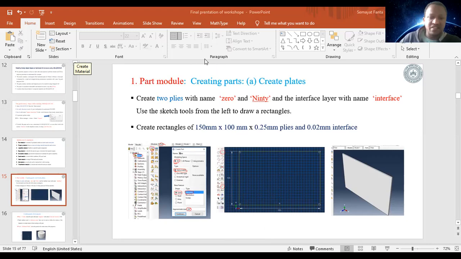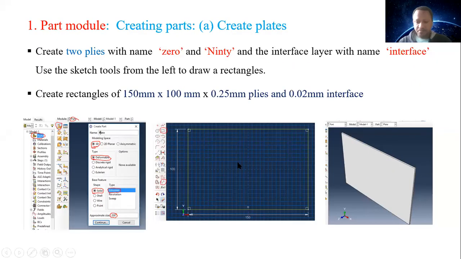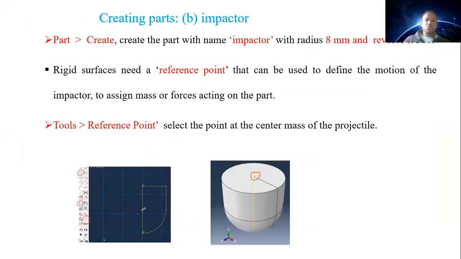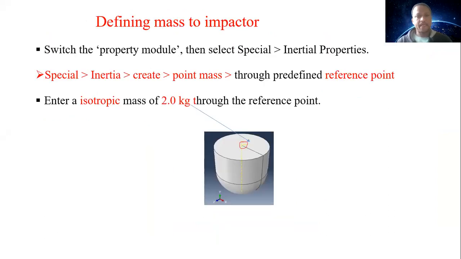All these properties are in my slide, so we can see the slide first. What are those material properties? Let's see from this slide. We already created the impactor reference point. The impactor is already created, and the mass of the impactor is already assigned.